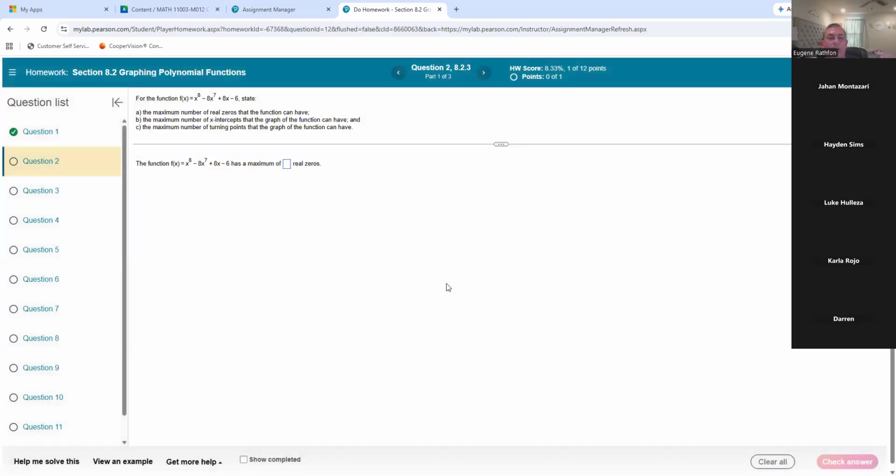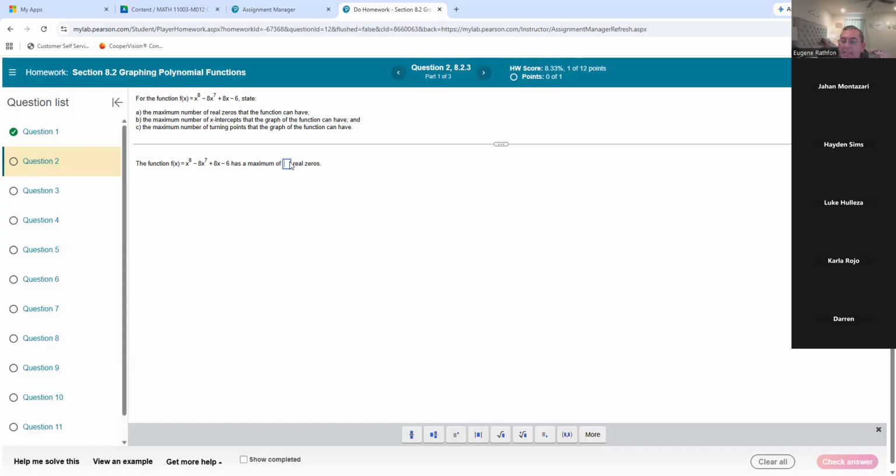All right, so I'm going to see how y'all do on this one. So the same thing, we're going to find the maximum real zeros, maximum x-intercepts, and the maximum turning points. So they're giving us x to the 8th minus 8x to the 7th plus 8x minus 6. So y'all, this is on y'all.